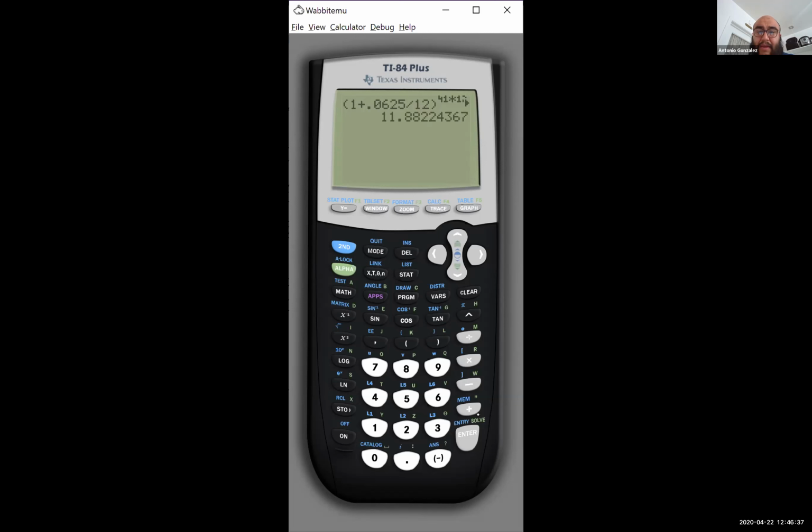Enter, and for just the inside of the parentheses, we get 11.8822.